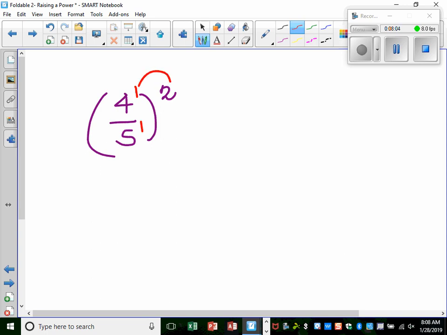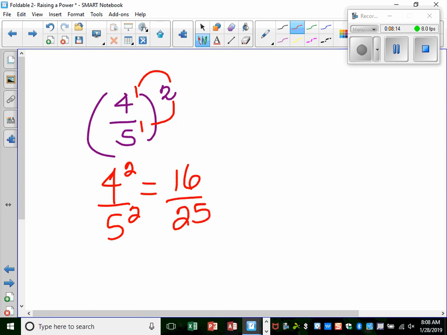So you're going to say 4 to the second. Same thing down here, 5 to the second. And then you'll just say 16 over 25. Okay, and that would be your answer. If you could reduce it, you would, but in this case, we cannot reduce any further. Okay, and that is your lesson on the power to a power.